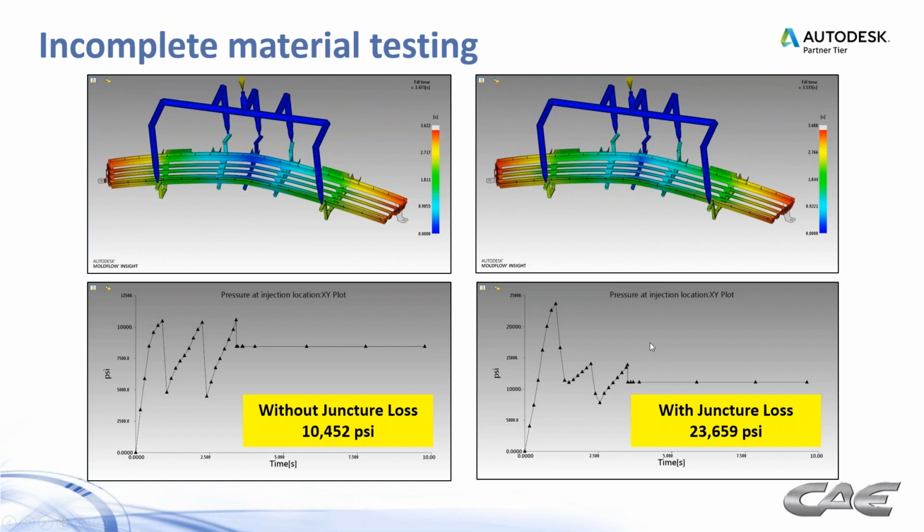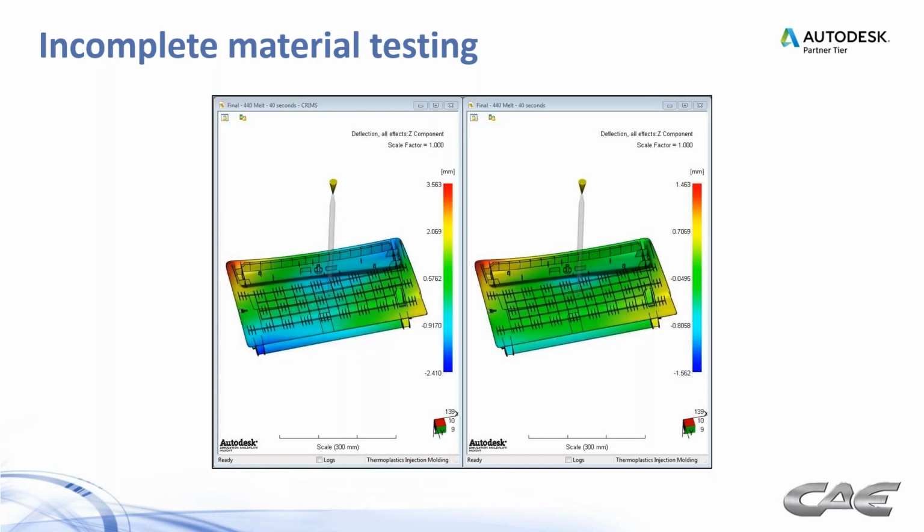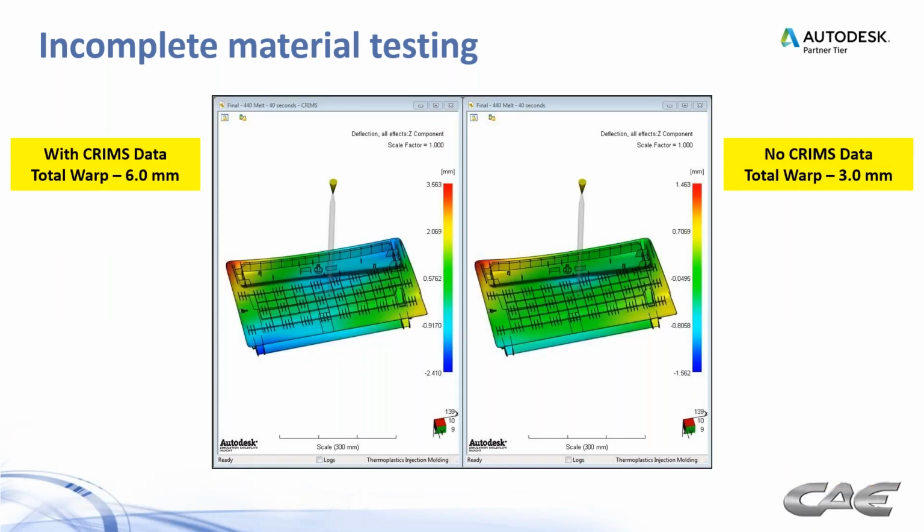If someone was doing Moldflow analysis and they got to the press and they didn't have that juncture loss data, there's a very good chance they wouldn't be able to mold that part, because now we're running up against the machine's limits. So that's one example. Another example is something called CRIMS shrinkage data. And this was an actual thing we worked on, where they ended up having to scrap the cavity side of the mold because the manifold had to be redesigned.